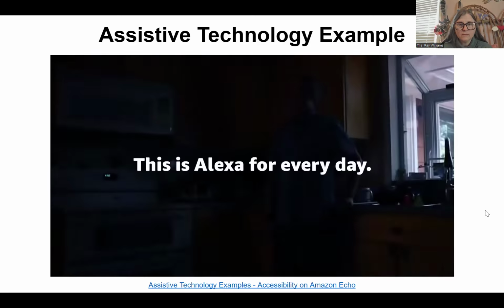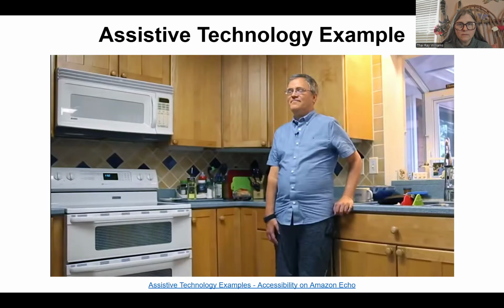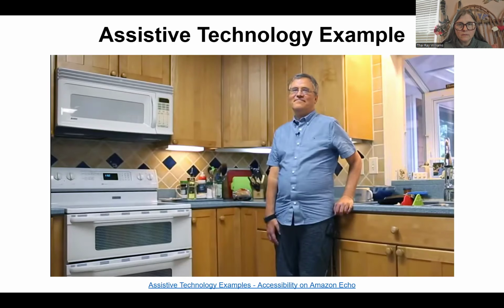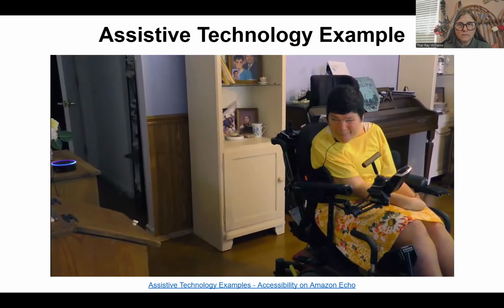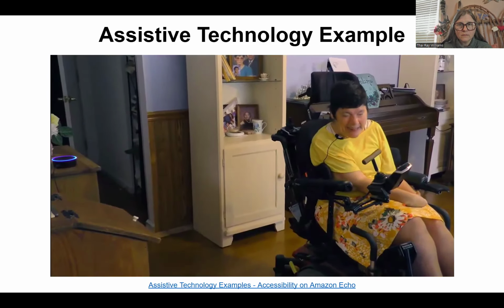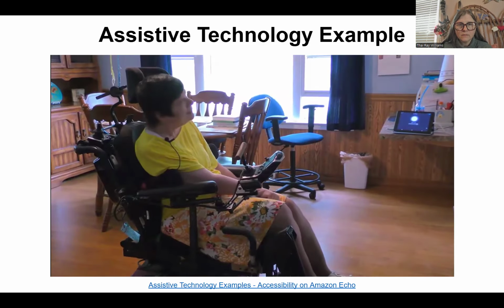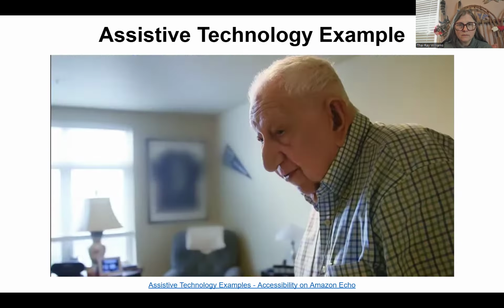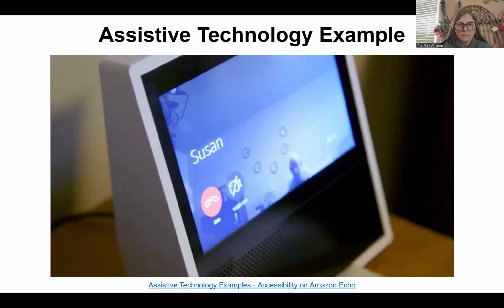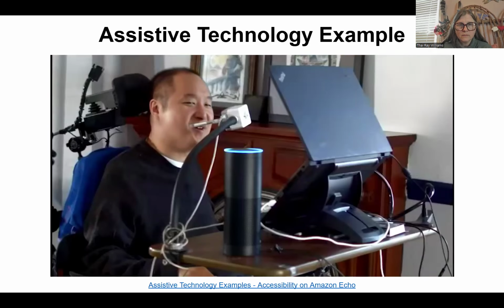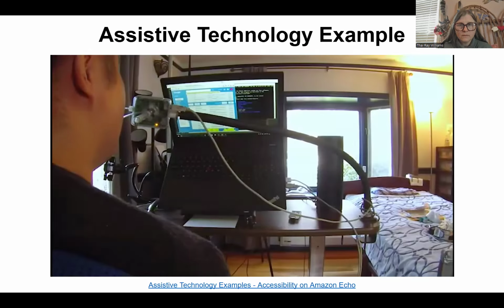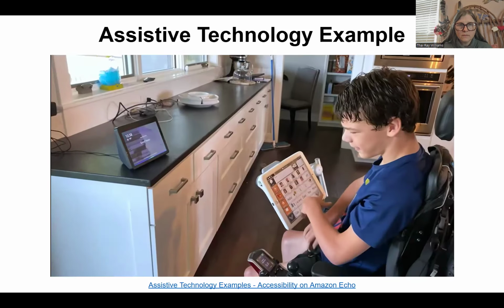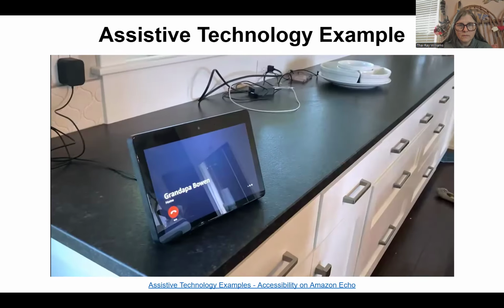Alexa, turn on kitchen. You have 3 items on your shopping list. Alexa, call Susie. Calling Susan. Alexa, turn on bedroom lights. Okay. Echo, call Grandma. Calling Grandpa.